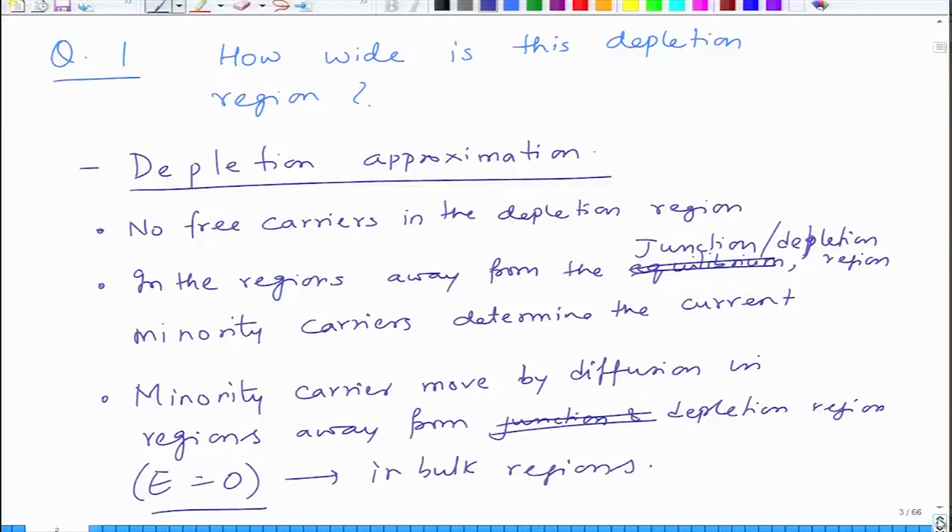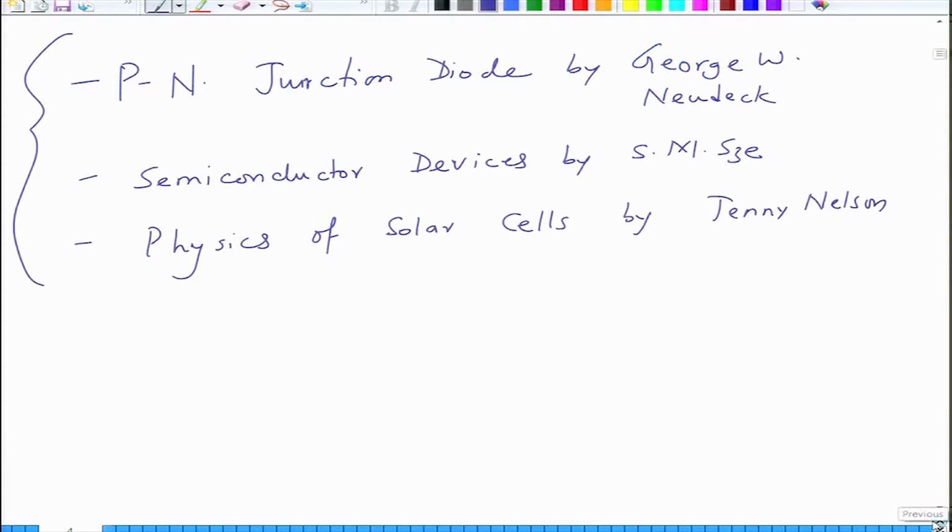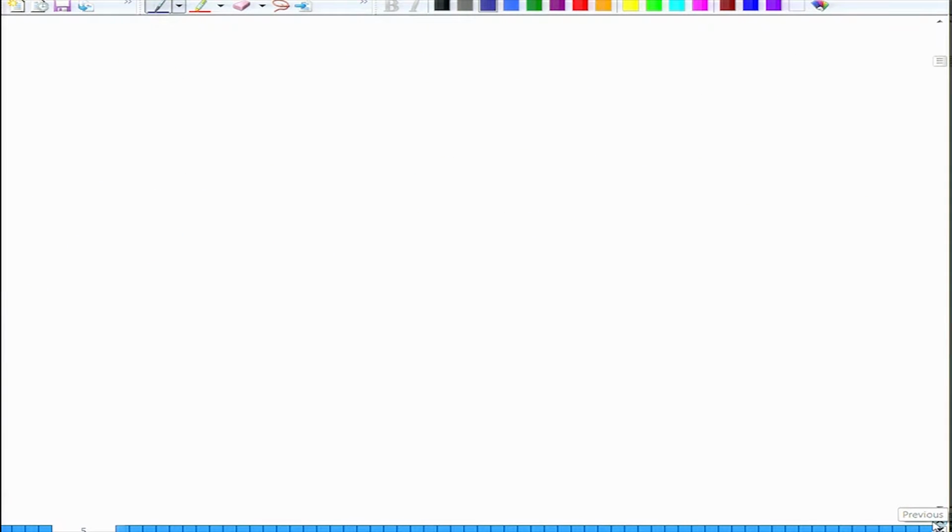Wherever you have flat energy bands, the electric field is equal to 0, because you take the derivative of potential, and since potential is related to energy, which is minus E by q, from that you determine zero electric field. The next approximation is called the superposition approximation.